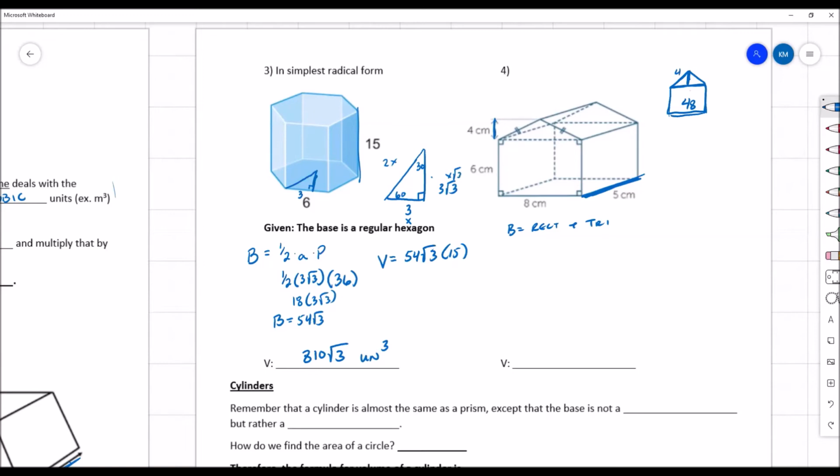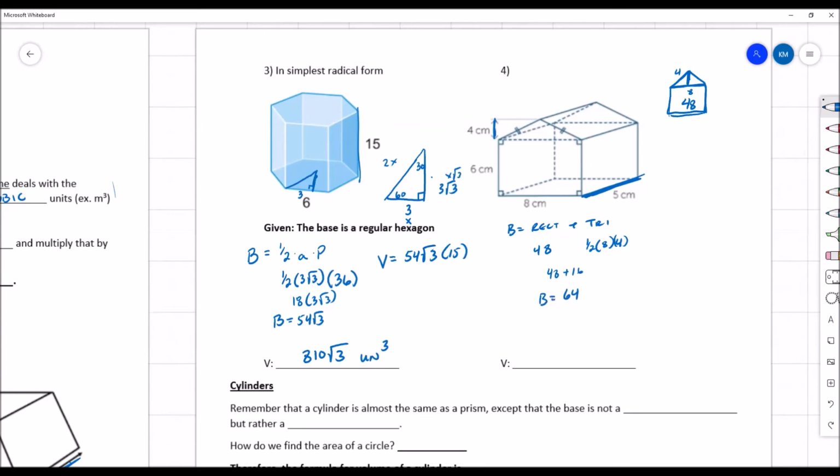And this base we already know is 8, so 1/2 base times height for our triangle. We got that 6 times 8 is 48. Okay, and so the triangle gives us 16. So we have 48 plus 16. Our area of our base is 64 centimeters squared.